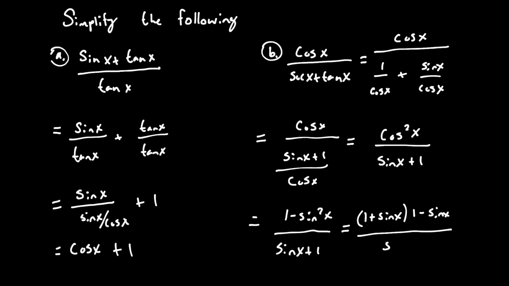All this is still divided by sine x plus 1. Now the sine x plus 1s cancel out, so this term here and this term here, and we're just left with 1 minus sine x. And this is our solution.